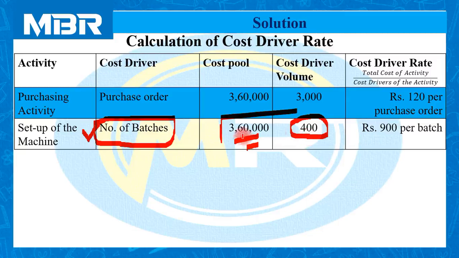So 3,60,000 divided by 400 batches. The perfect base to transfer expenses on machine setup to the concerned job of the period is rupees 900 per batch. We need to allocate rupees 900 per batch based on the number of batches conducted.